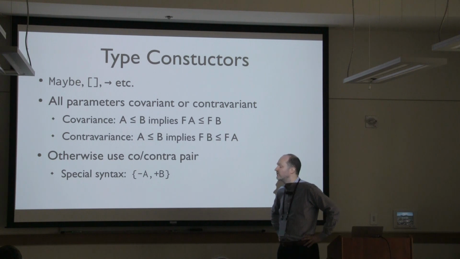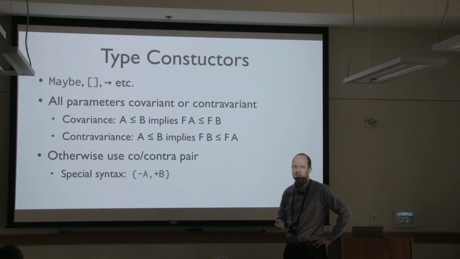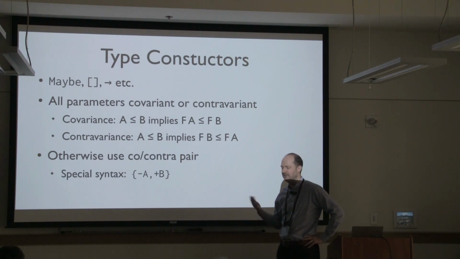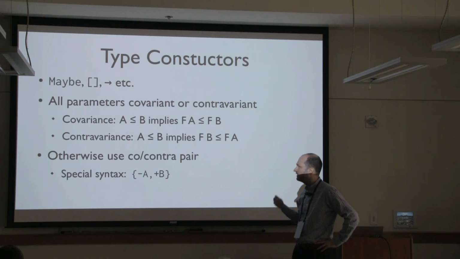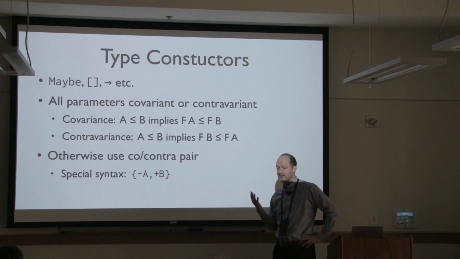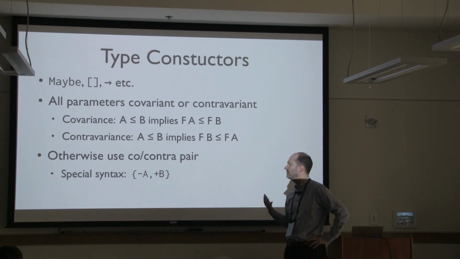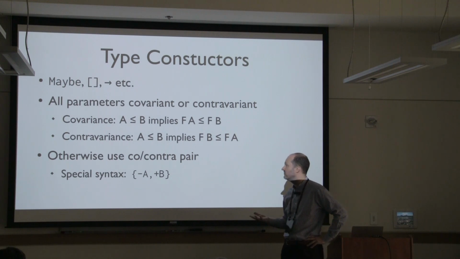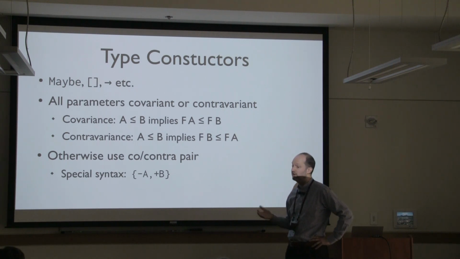Covariance is just if A is a subtype of B, then FA is a subtype of FB. We say F is covariant in its argument. Contravariance is the opposite. If A is a subtype of B, then FB is a subtype of FA. So covariance respects the subtype relationship, whereas contravariance inverts it.